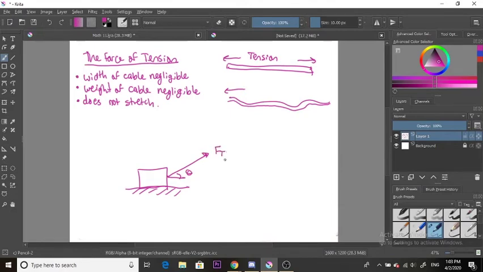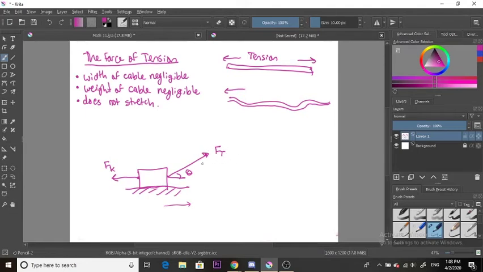This is our tension force. And let's just say that it stays on the ground. It's being pulled along the ground, so the motion is in this direction right here. We have our friction force in this direction. And we want to be able to calculate our force of tension.